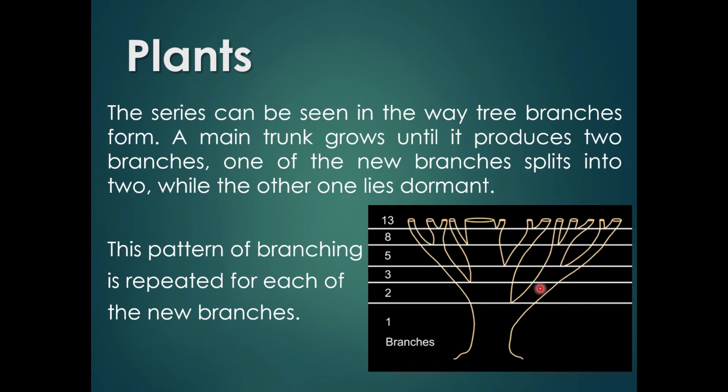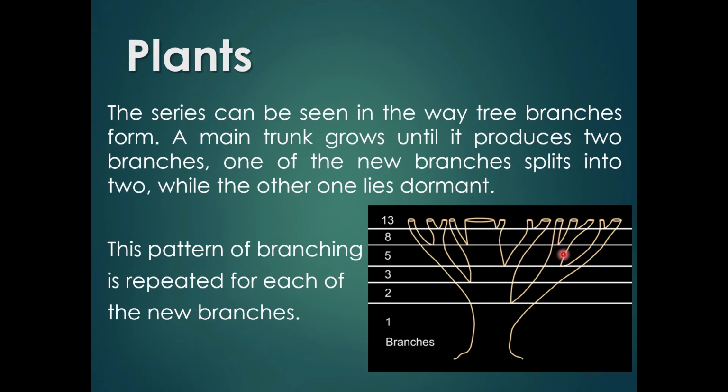Once it grows, next time the earlier branch will give two branches here, and there will be a new branch here. Then next time on this side there will be another new branch. After that, on this side the branch will give two branches, and on the other hand this side there are two branches already, so one of them will have two branches here.